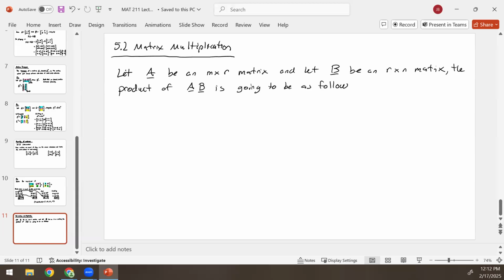You have to have this condition to be able to multiply.